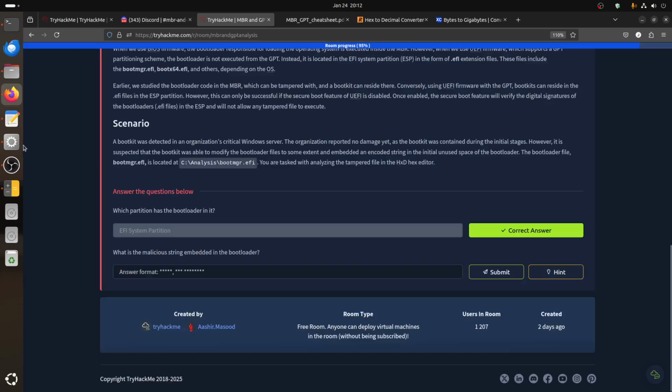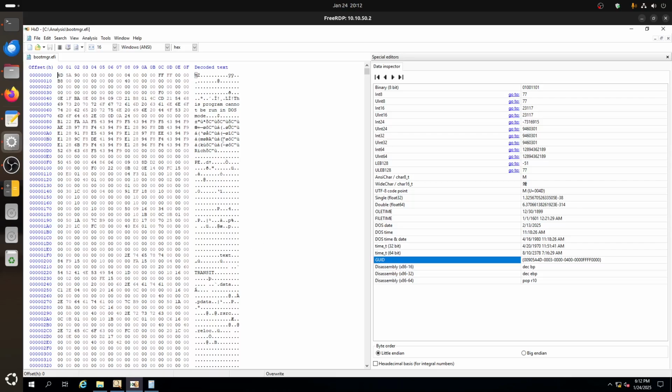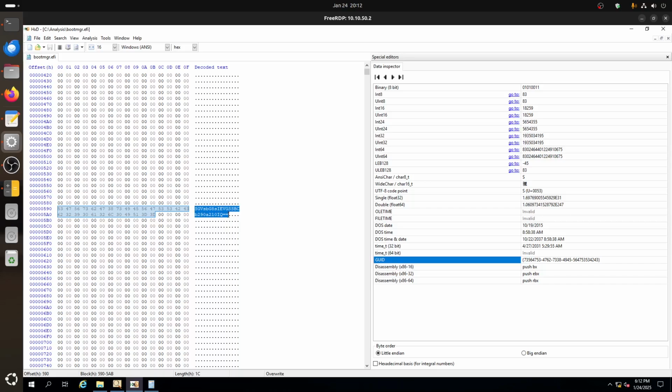Okay, because it hides somewhere, they said we can see it in hex. This is the decoded text, and if you scroll down, you see it here. This one you can't interpret. Why? You can just copy it.